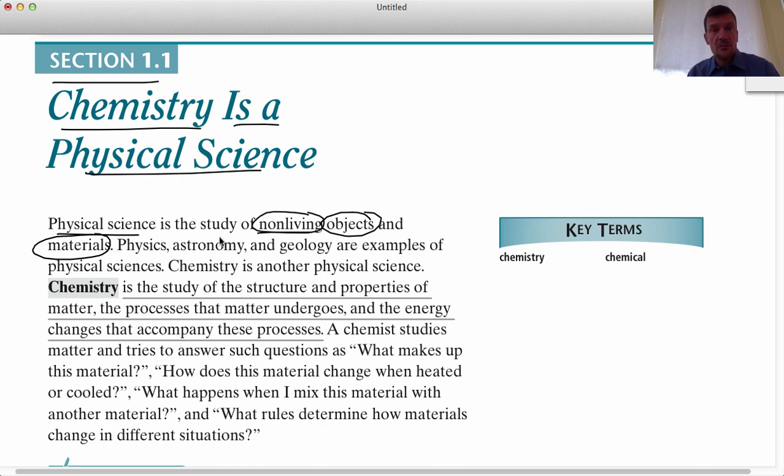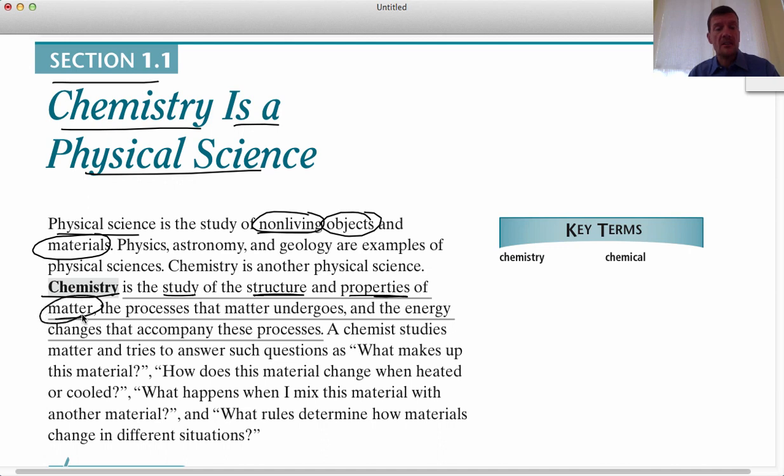Biology, obviously you would focus on living organisms, but here in chemistry and physics and other physical sciences, you're going to be looking at predominantly non-living. Obviously there's lots of chemistry in living organisms, but we're going to be focusing on the non-living matter that makes up this world.